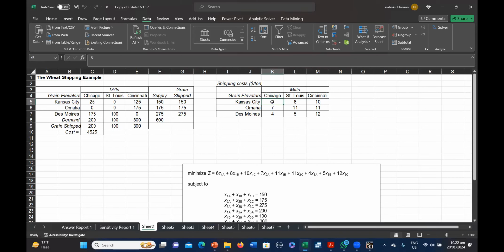We already have it in the, what's the name? The exhibit 6.1.